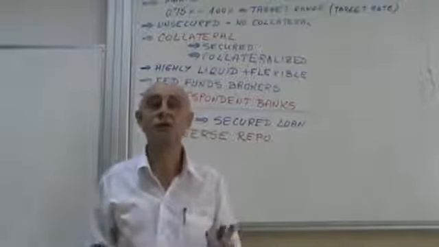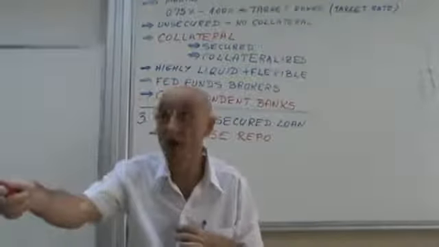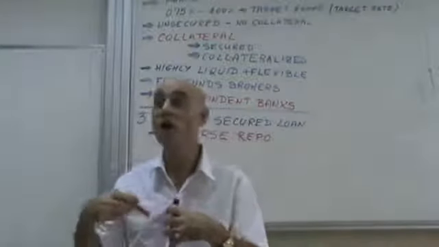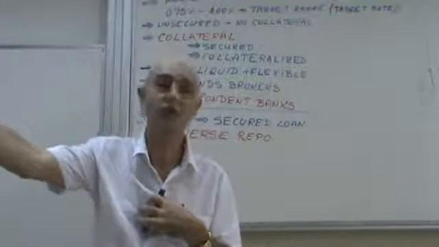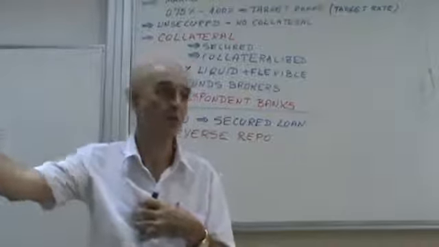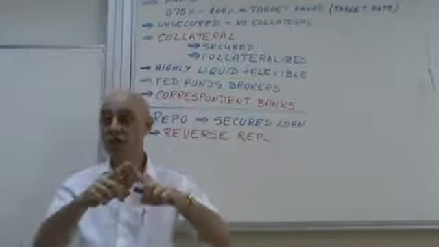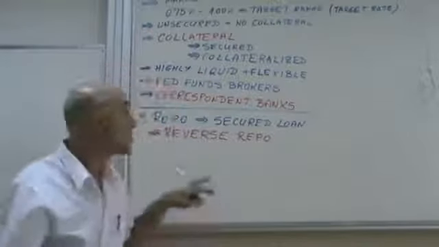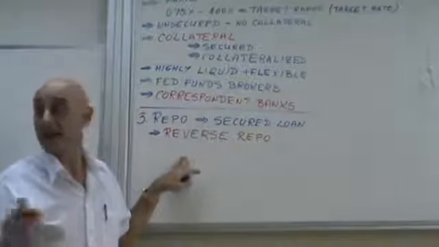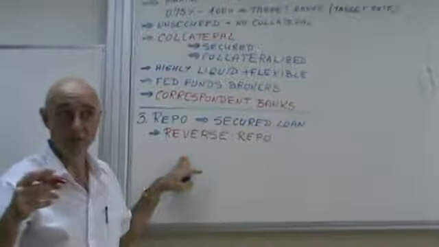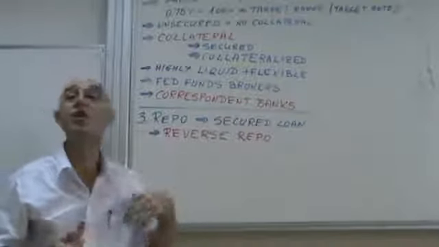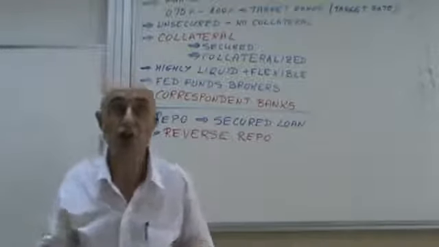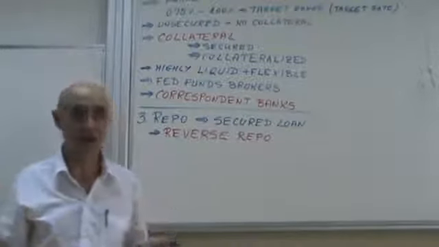Well, the one thing to understand is that if we do a repo, for the one party it is a repo, for the other party it is always a reverse repo. So, for any transaction, for the one it is a repo, for the other one it is a reverse repo. Whether you think of it as repo or reverse depends on who initiated the transaction, who needed the transaction.